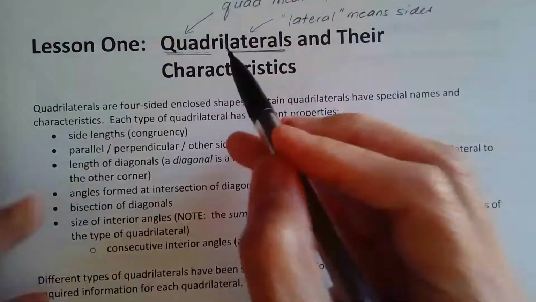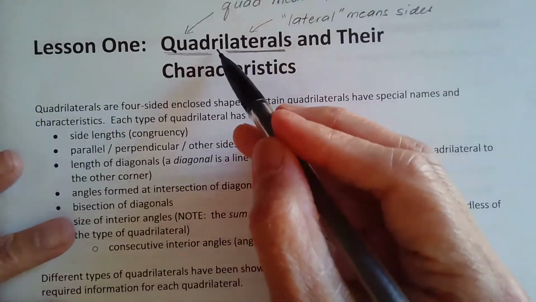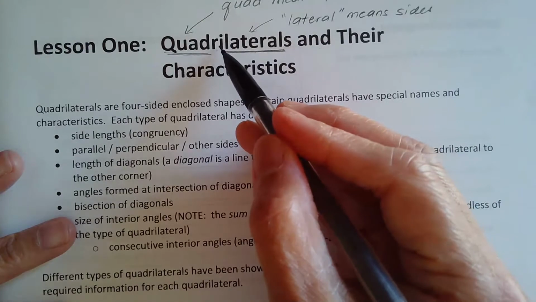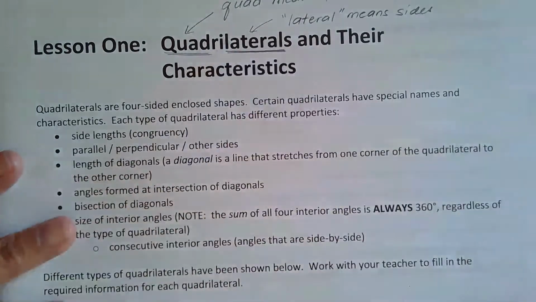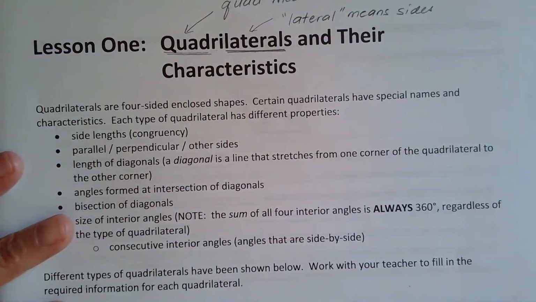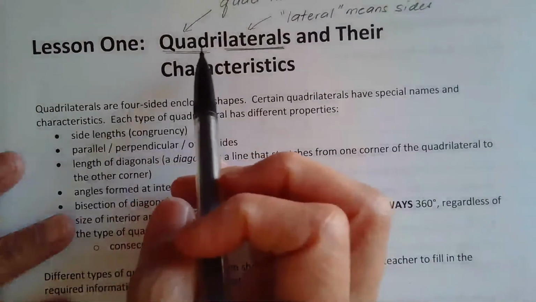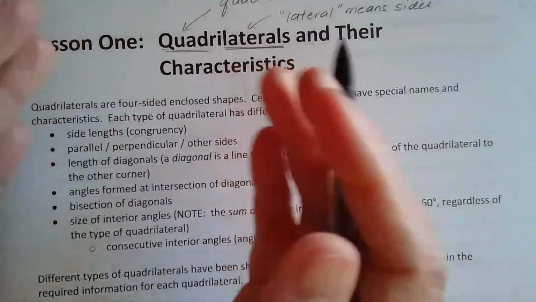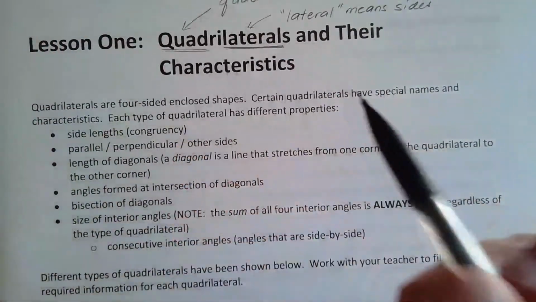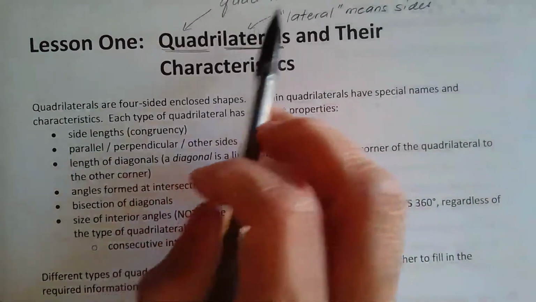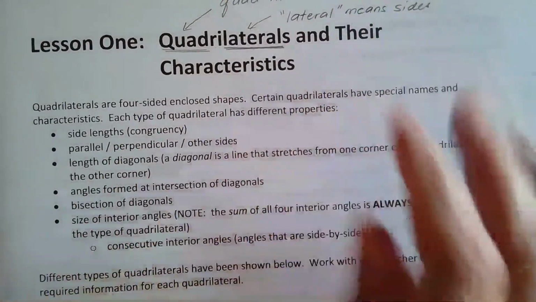And then they just put the connector in there. So quad means four, lateral means side. So if you put the pieces together, the word quadrilateral literally means four sides.